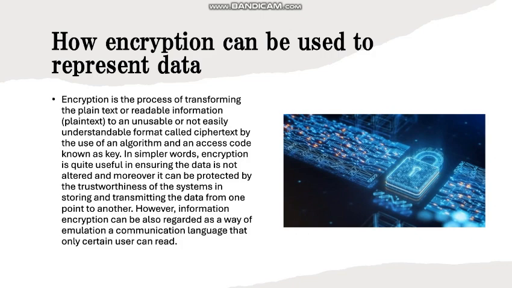In simpler words, encryption is quite useful in ensuring the data is not altered, and moreover it protects the trustworthiness of the system in storing and transmitting data from one point to another. However, encryption can also be regarded as a communication language that only certain users can read.